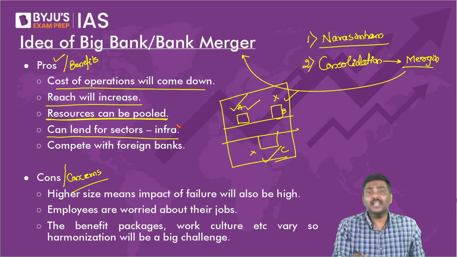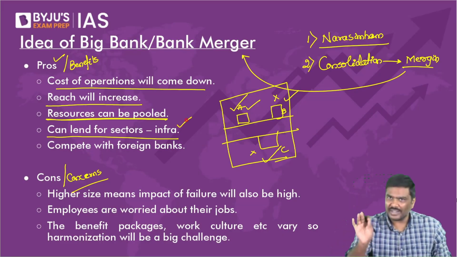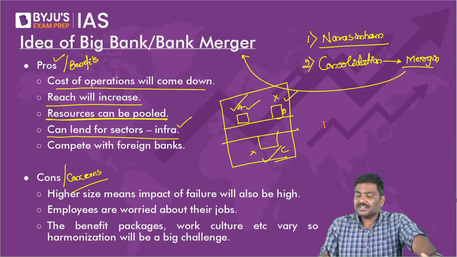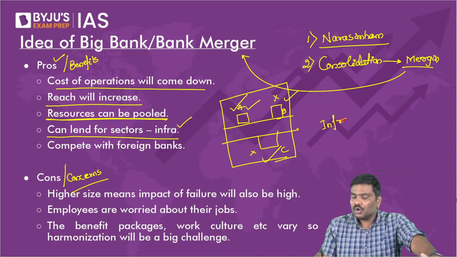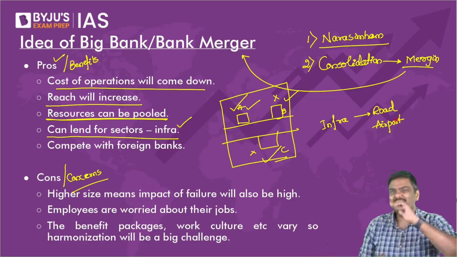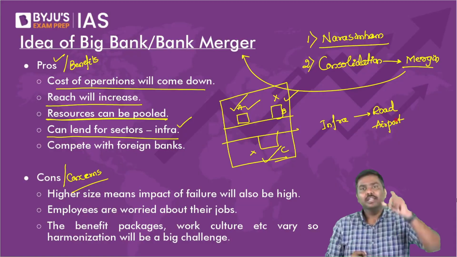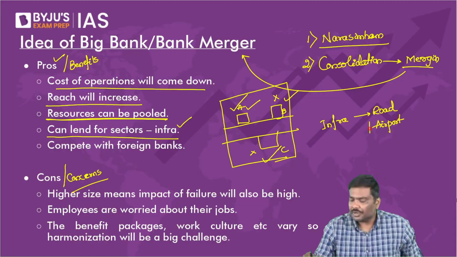Point number 4. Now, this new bank can start providing loans for infrastructure. Why is this important? Follow this point carefully. Infrastructure, example, road. Simple example, road, airport. Now, question number 1 to all of you. Participate. This is how you learn. Learning is important here.